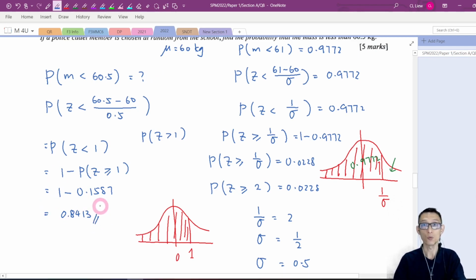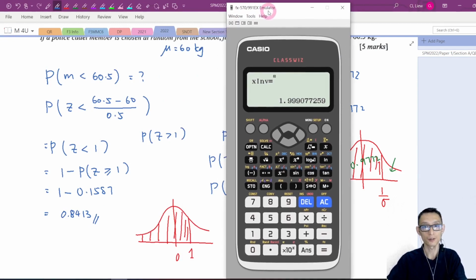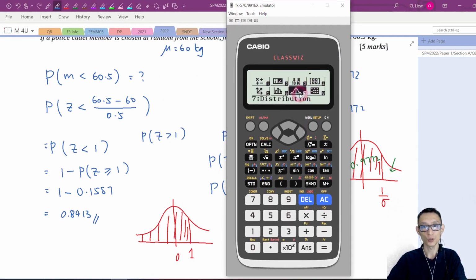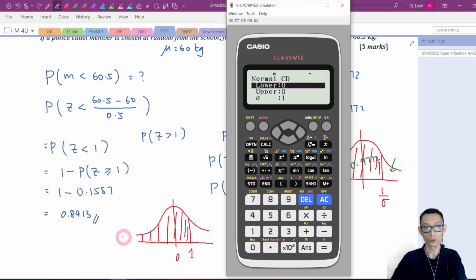So let's say if you want to use your calculator to help you, you don't have to change from this to this. You can just take out your calculator, press menu, go for distribution, and then normal distribution. The lower, you just key in a really small value. Okay, this is the output. So now for the lower, it goes infinitely to the left, right?